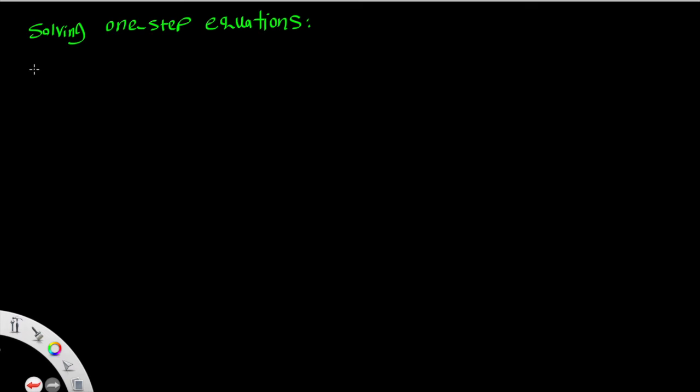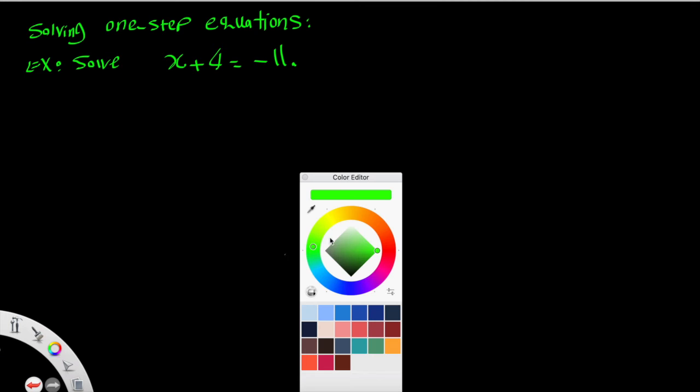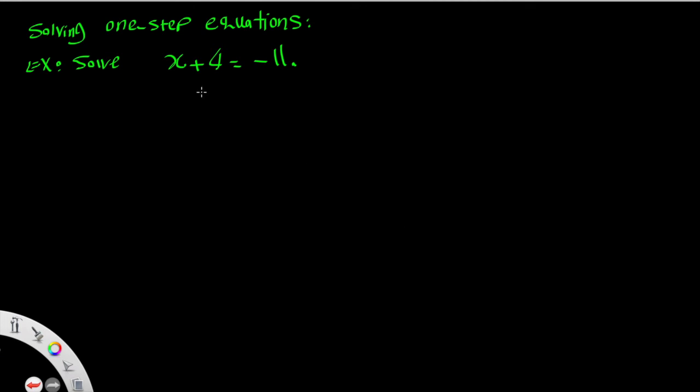For example, solve x plus 4 is equal to negative 11. Here we are looking for a number x which, added to 4, gives you an answer of negative 11. Now, I first write the equation and leave some space here.